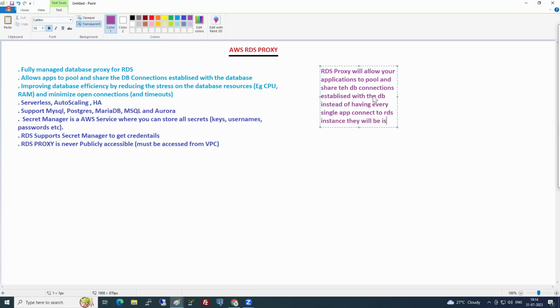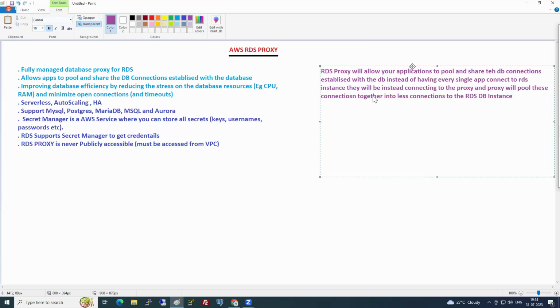They will instead connect to the proxy, and the proxy will pool these connections together into fewer connections to the RDS DB instance. Guys, if you read this later also, you will understand. I wrote this paragraph for you.